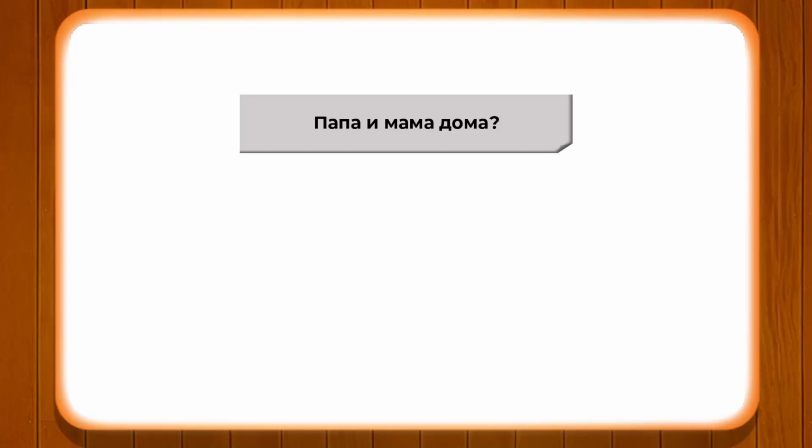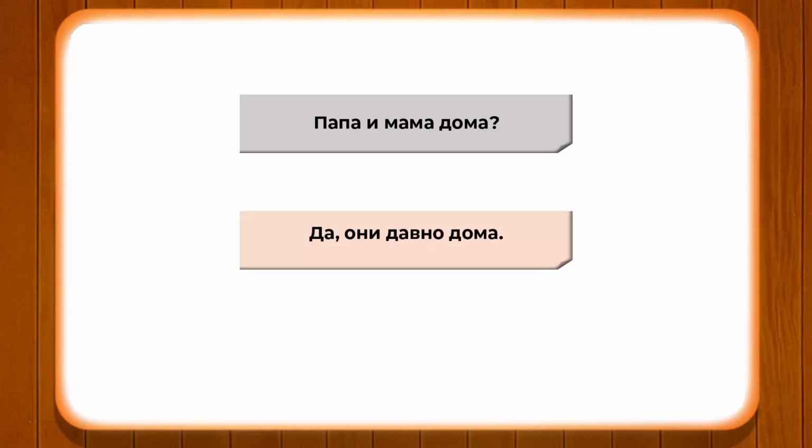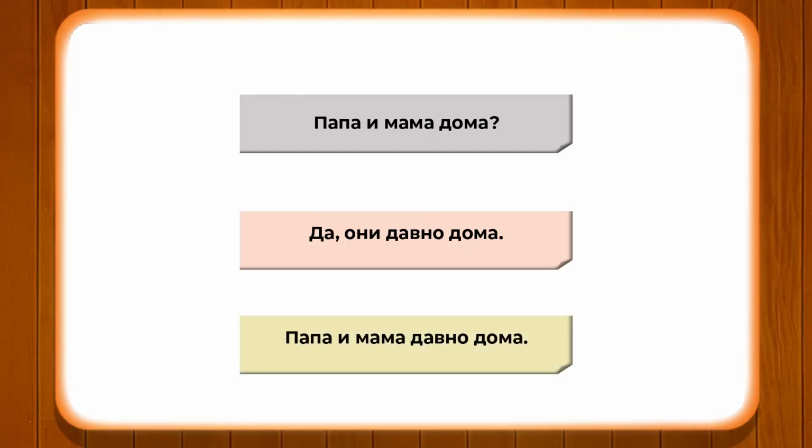Then affirmative, with the help of da, I am going to answer it, da, ani davno doma. So, after da, I am having a pause, and in place of papa y mama, we are together using ani, which means they, for papa y mama. Okay. Now, the last one, papa y mama davno doma. It is a very simple statement, simple sentence, that is why the sound is flat.